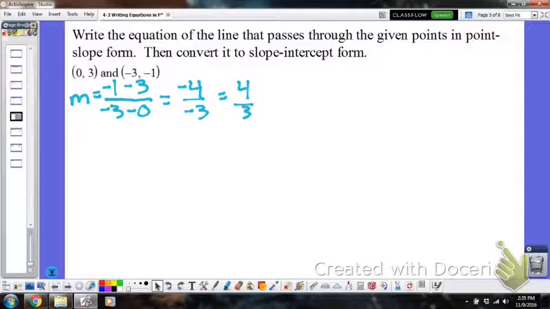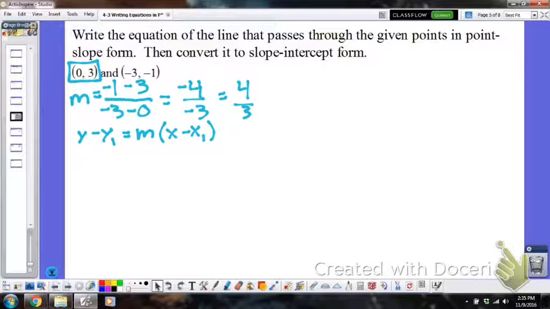Now, I want to use my point slope form first, which is y minus y1 equal to m times x minus x1. So, ladies and gentlemen, I'm going to use one of my points in my slope. Now, looking at my 2 points, the 0, 3, and -3, -1, I have to pick the one I think is going to be easiest to use. Well, for me, it's pretty obvious since the point 0, 3 has a 0 in it. That's what I want to use.